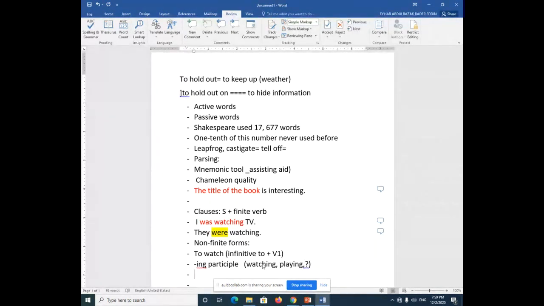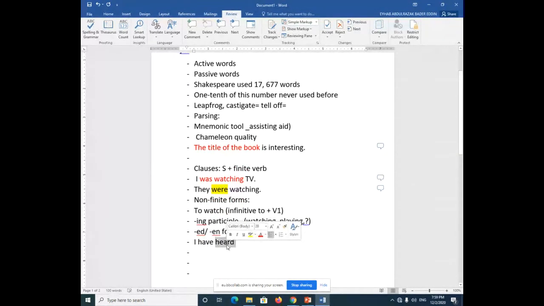And we have the ed or the en form, which is the past participle. For example, I have heard. So heard here is a non-finite form. Okay, clear?